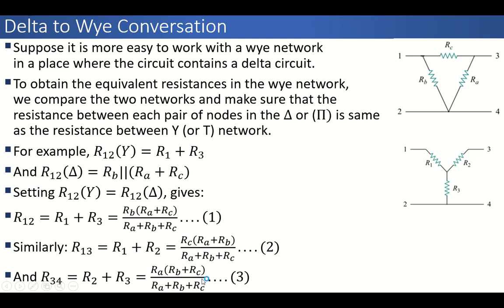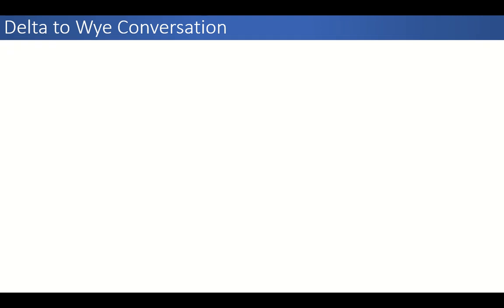So that means that on the left hand side there should be only R1, and that R1 should be expressed in terms of RA, RB, and RC. So let's see how we can simplify these equations to find the value of R1, R2, and R3.